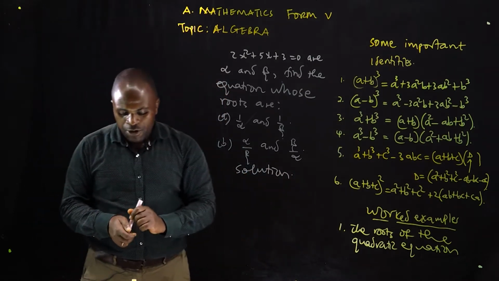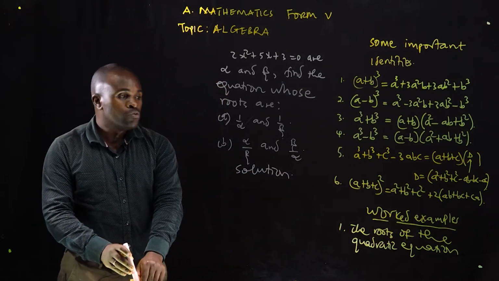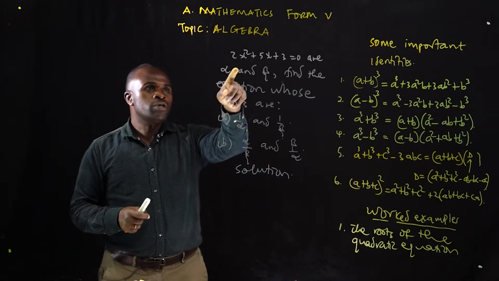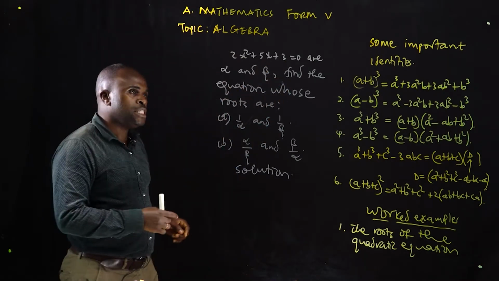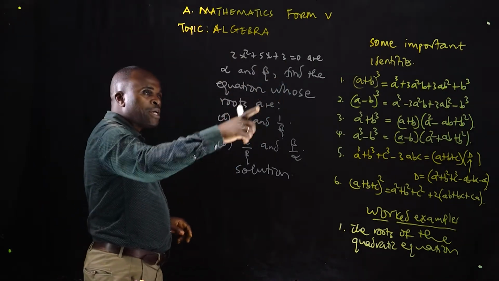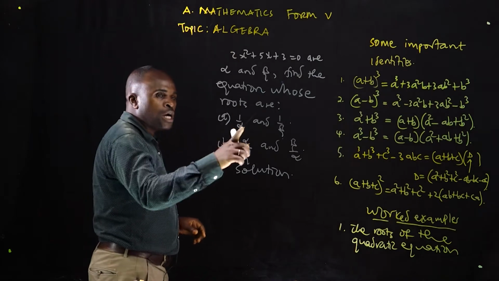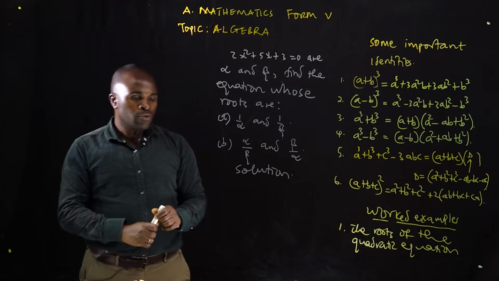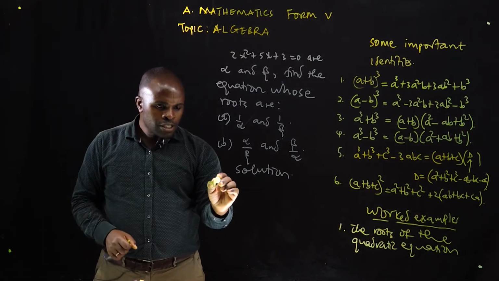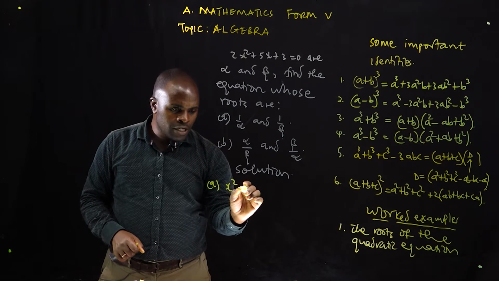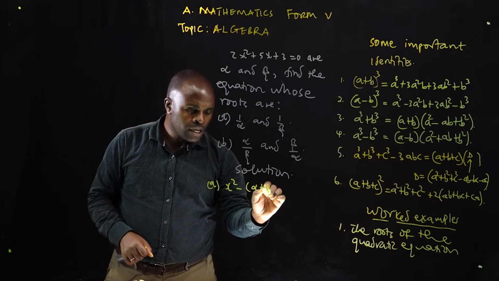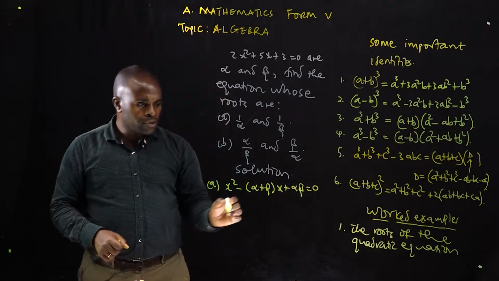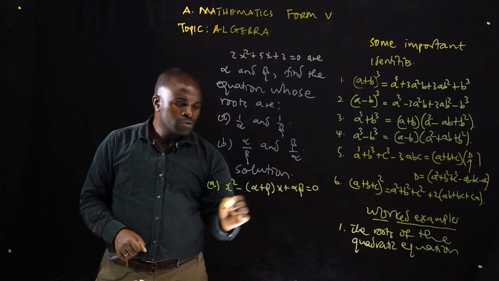One very nice example says the roots of the quadratic equation 2x squared plus 5x plus 3 equals 0 are alpha and beta. Find the equation whose roots are 1 over alpha and 1 over beta. We know that a quadratic equation has the form x squared minus (alpha plus beta)x plus alpha beta equals 0, in other words, sum of roots and product of roots.